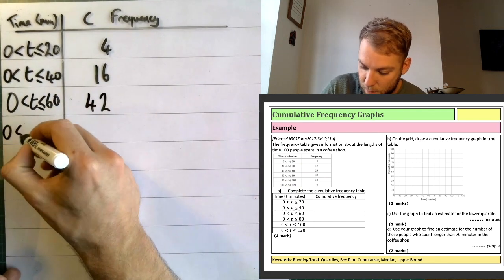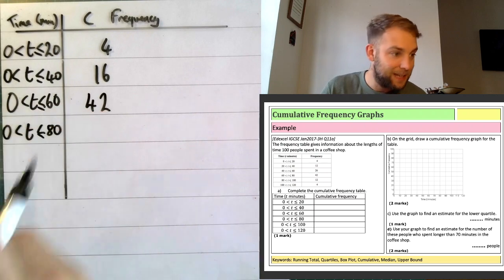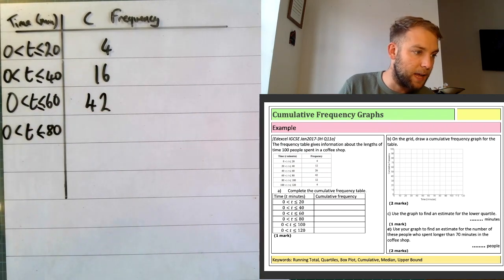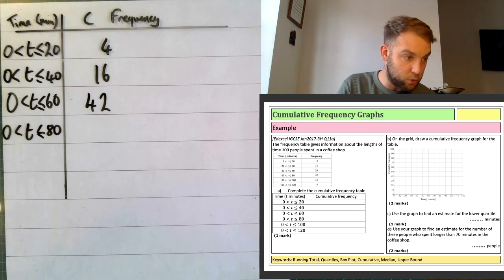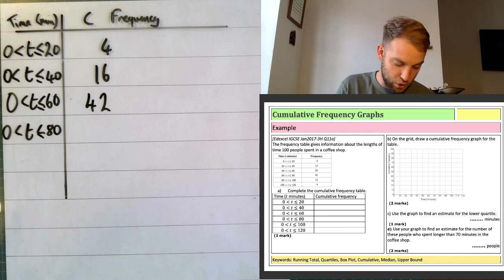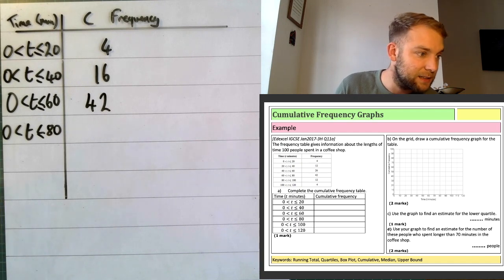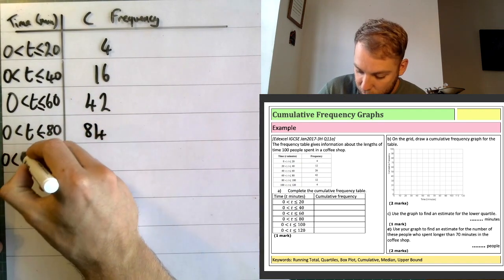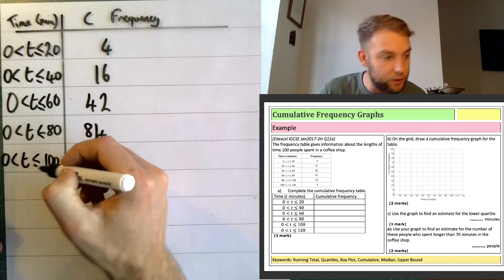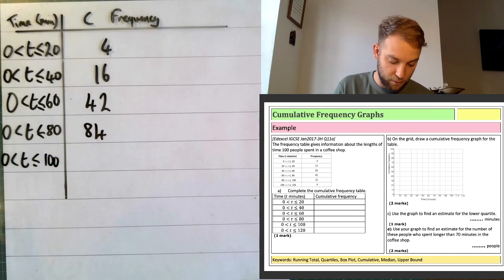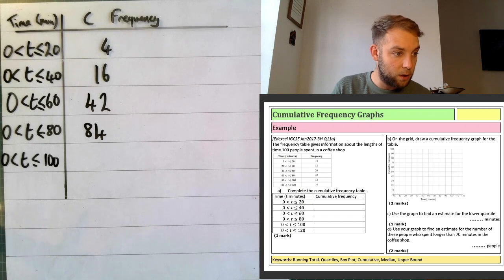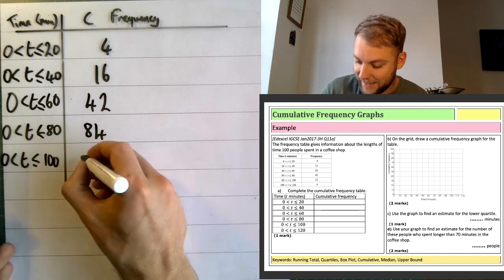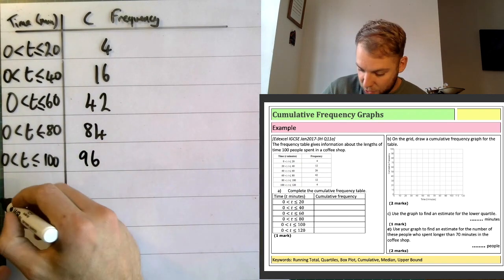Between 0 and 80 is going to be 4 plus 12 plus 26 plus the 42 in this case, which in this case is 84. Between 0 and 100 is going to be 4 plus 12 plus 26 plus 42 plus another 12, which in this case is 96, and then an extra 4.